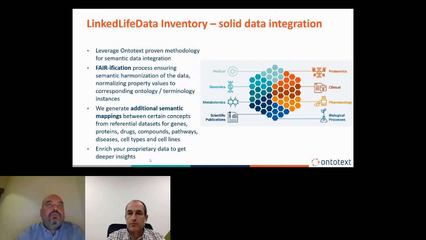And at the end, to generate the necessary metadata so that this particular data set and all the rest are easily findable, accessible, interoperable, and could be easily reused in other projects.